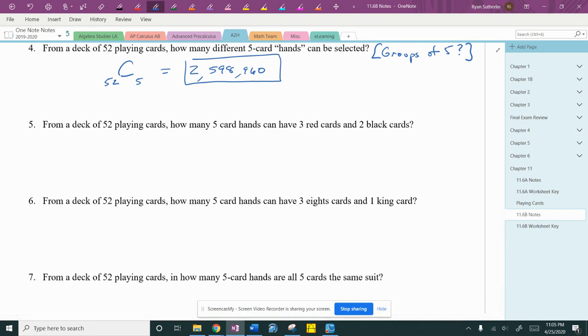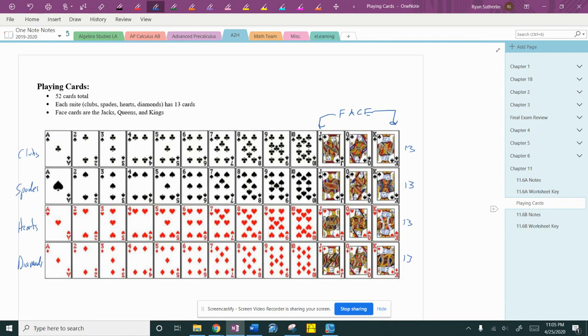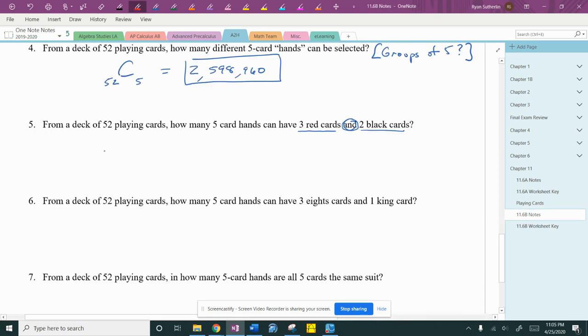Number 5, from a deck of 52 playing cards, how many 5-card hands, again, how many groups of 5, can have 3 red cards and 2 black cards? So remember, we see that word "and" again. That's going to mean multiplication. Now here, the order doesn't matter, so it's still a combination. So 3 red cards. If I go back and look at this, there are 13 hearts and 13 diamonds. So there are 26 cards that are red. So out of those 26 red cards, we want 3 of them.